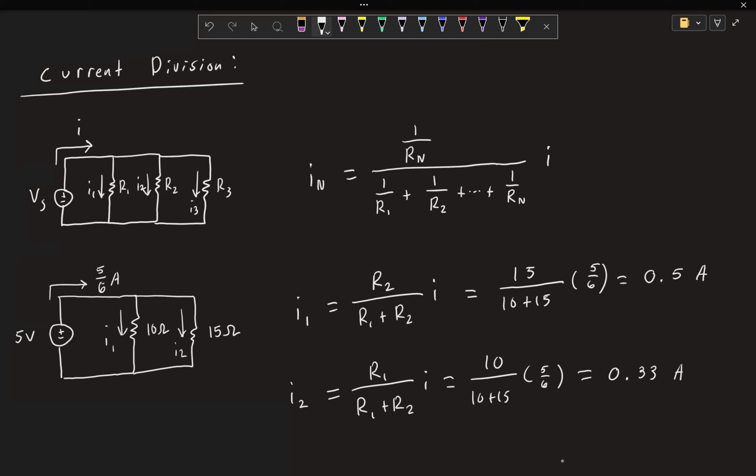So you can just inspect this circuit and tell, since 10 ohms is less than 15 ohms, I1 has to be greater than I2, because more current is going to want to flow through the resistor of less resistance. That is why you put the opposite resistor in the numerator. I1 goes with R2 because the other one is going to dictate how much current flows through that resistor.